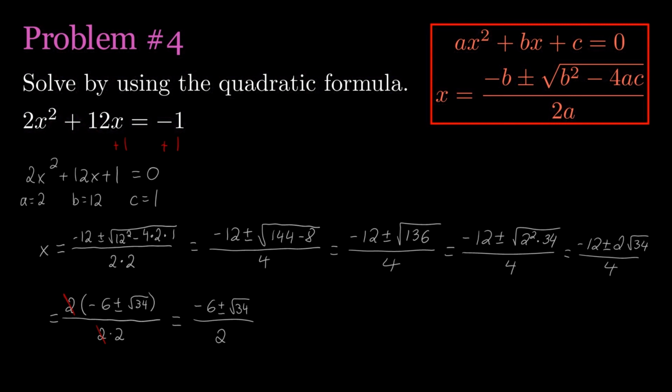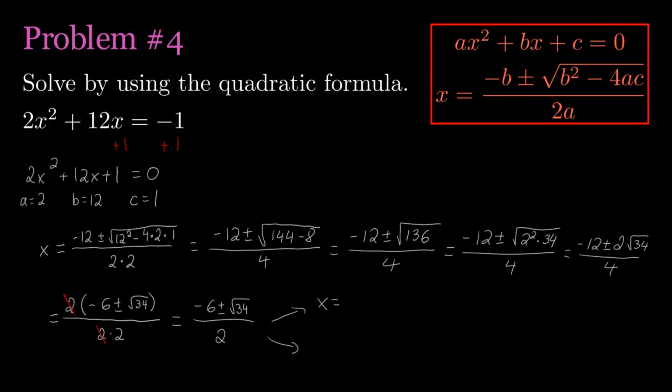We still acknowledge that we have the 2 solutions, the one with plus in here and the one with minus in here. We can also split it into 2 fractions and simplify the first one, since negative 6 has a factor of 2. Let me write those here.